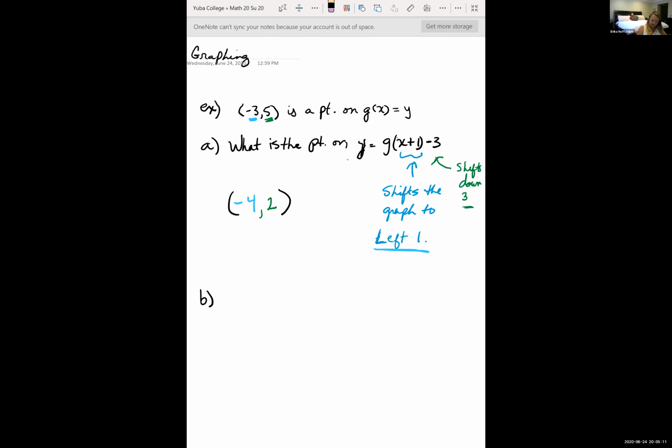So let's look at it. What if it was -3? So what is the point on y equals -3 g of x minus 4 and then +3.